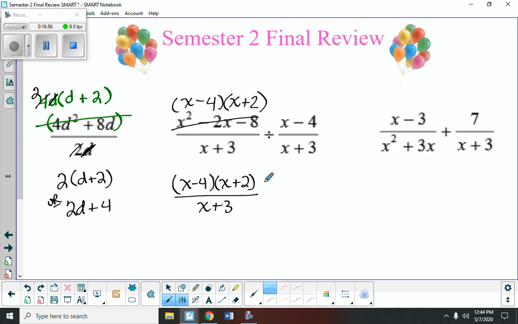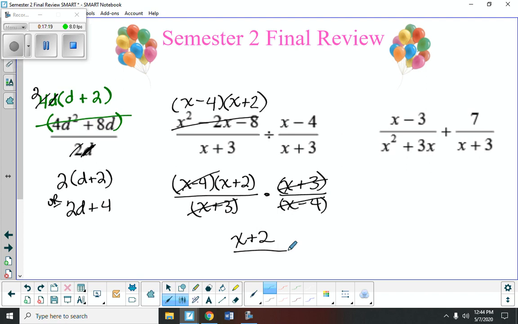And then instead of division, you have times. Okay, so then, whenever there's a plus or a minus, we're going to put parentheses around. Remember, that's an expression. The x plus 3's cancel. The x minus 4's cancel. We're left with x plus 2 for your answer.